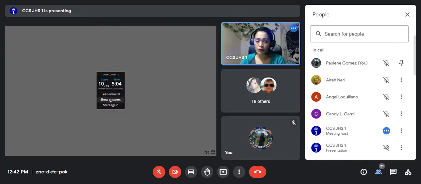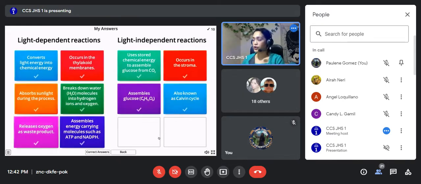So let me show the answers so that you have time, of course, if you want to take a picture or screen capture this summary of the statements as they have been sorted already under their correct stage or reaction. I'll give you a few seconds to screen capture the presentation on the screen. Okay, I think that's enough.